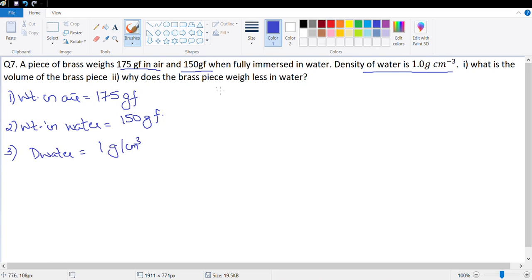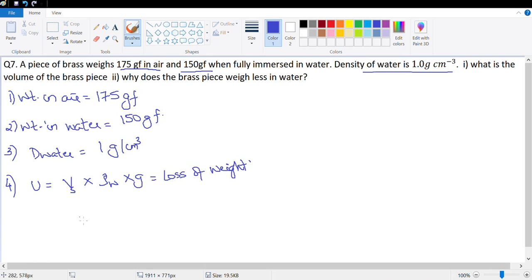What's the volume? Why does the brass piece weigh less in water? So let's calculate the upthrust being faced by the brass piece. Upthrust would be equal to volume of solid multiplied with density of water into gravity, which is equal to loss of weight.